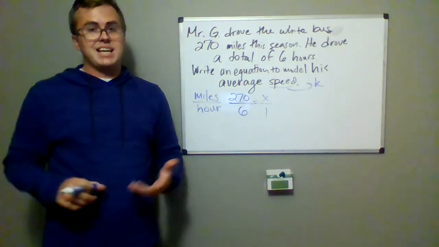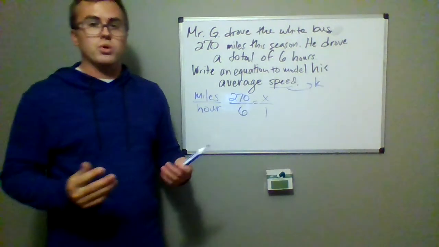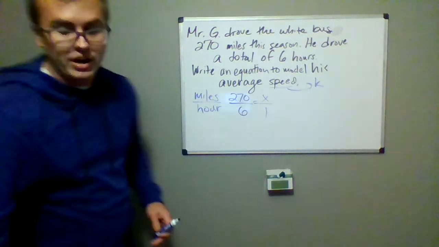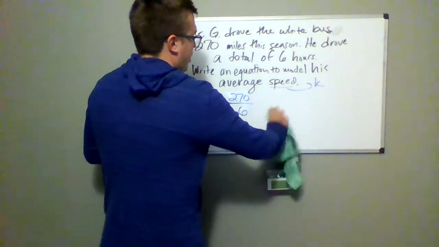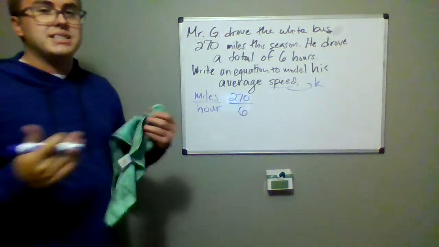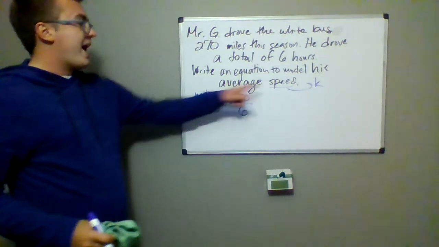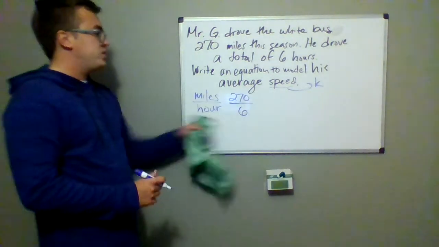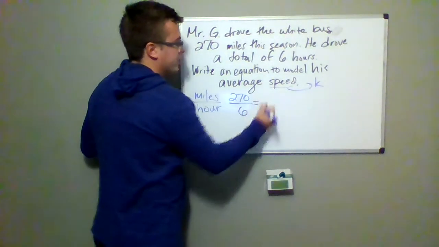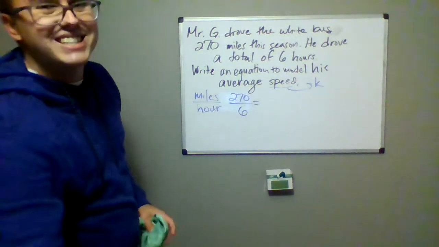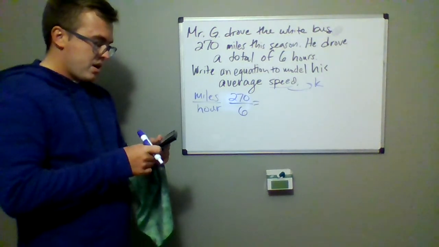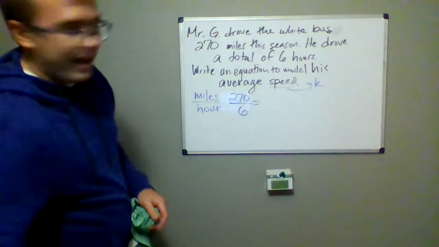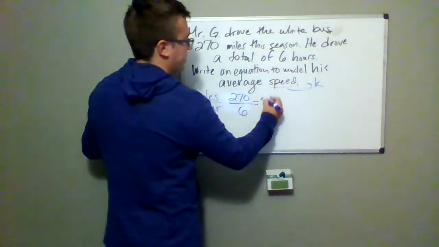But the nice thing about the constant of proportionality and the nice thing about direct variation is that I don't have to go through this process. All I need to do to figure out my speed, or my average speed in this case, is to divide these two numbers. So I'm going to do 270 divided by 6, and I can do that in my calculator, and that gives me 45.